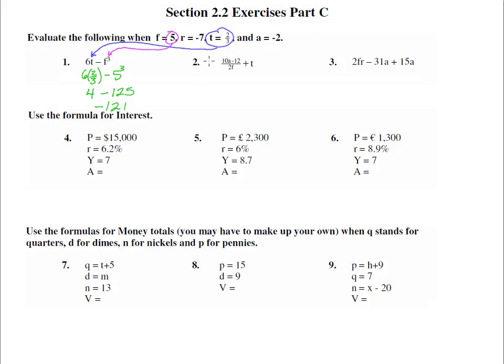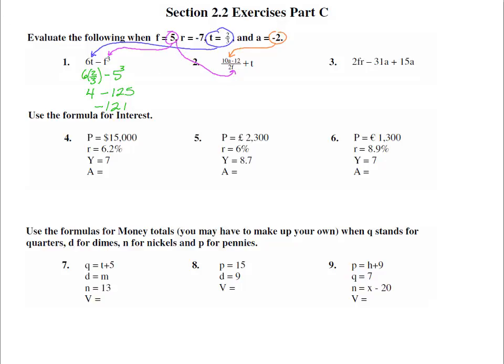Number 2, 10a minus 12 over 2f plus t. So we're going to take the a as negative 2 and stick that in right there by the 10. Then we'll take the f, which is the 5, and we'll stick it in right here.